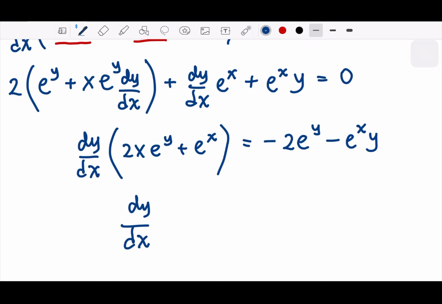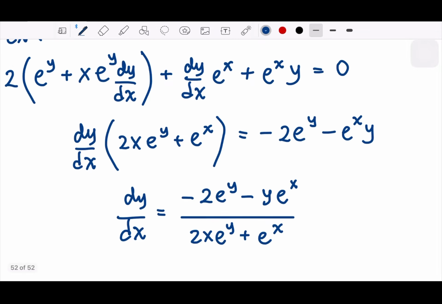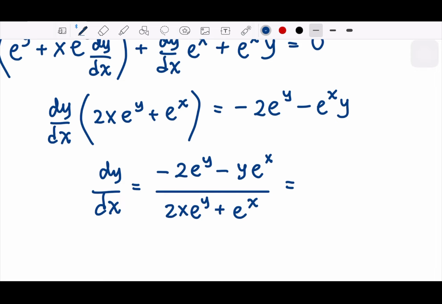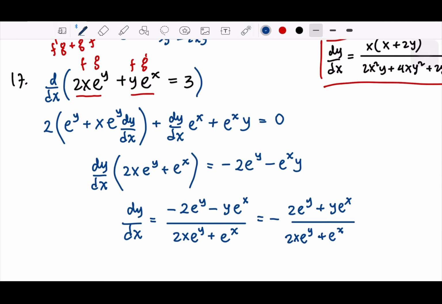So dy over dx will be negative 2 y and negative y e with power of x, and then this will be 2x e y plus e with power of x. Or if you would like to write negative outside, factor it, this will be plus 2x e y plus e with power of x. Okay.